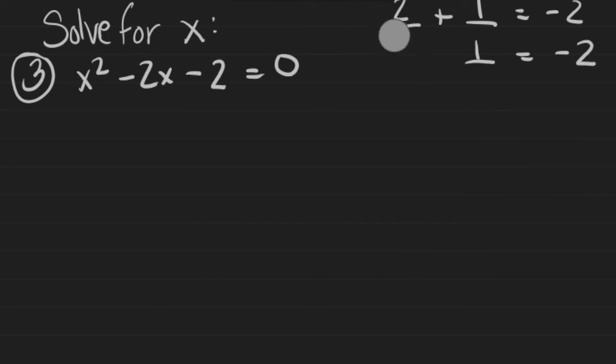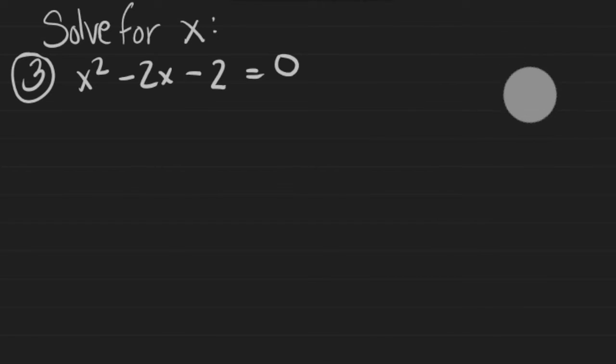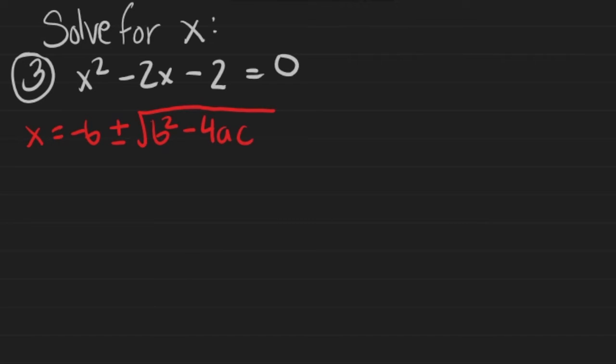So in that case, what you do is use the quadratic formula. The quadratic formula is x is equal to negative b plus or minus the square root of b squared minus 4ac, all divided by 2a. If you're confused on what a, b, and c are, just remember that for a trinomial, the first term is a, the second is b, and the last term is c.